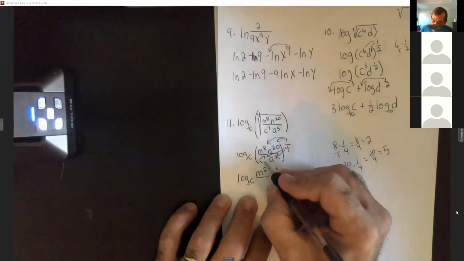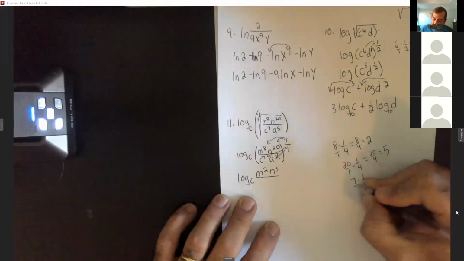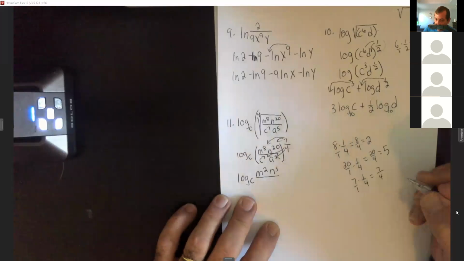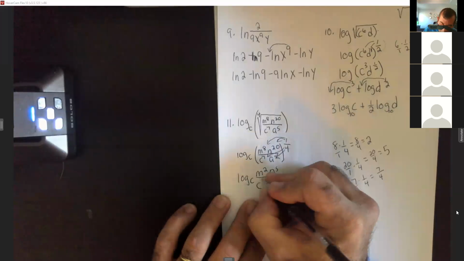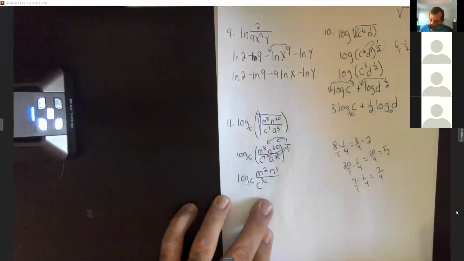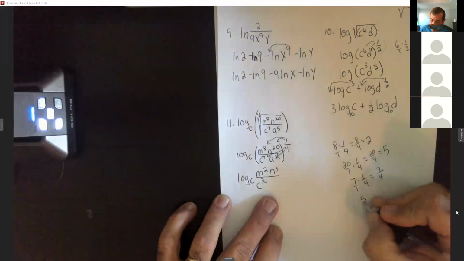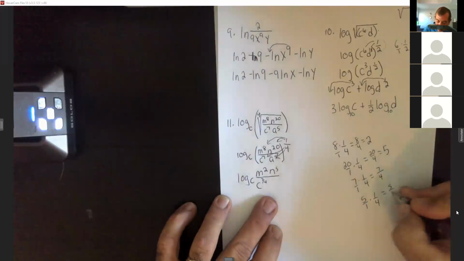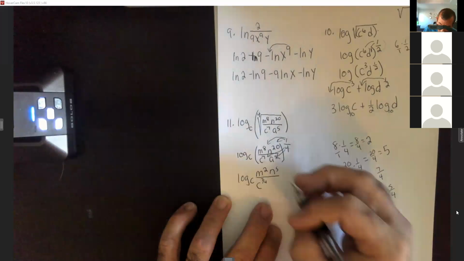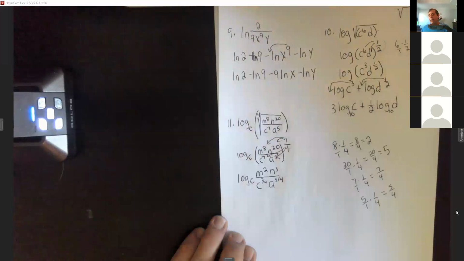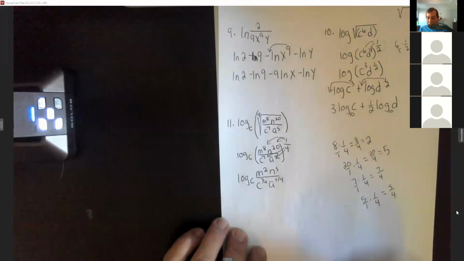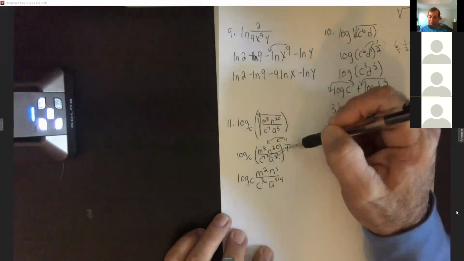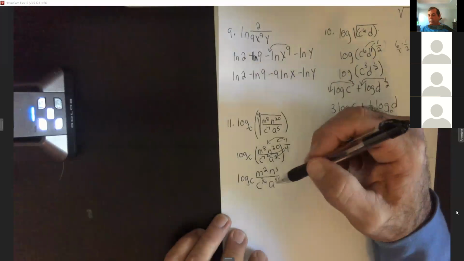Then I got a 7 times 1/4. Well, that's just going to stay a 7 over 4. So that doesn't simplify. So c becomes a 7 over 4. And then the a had a 5. And 5 times 1/4 gives me a 5/4. So all we did was convert it out of that radical into a fractional exponent, and then we distributed that times all the exponents inside the parentheses.